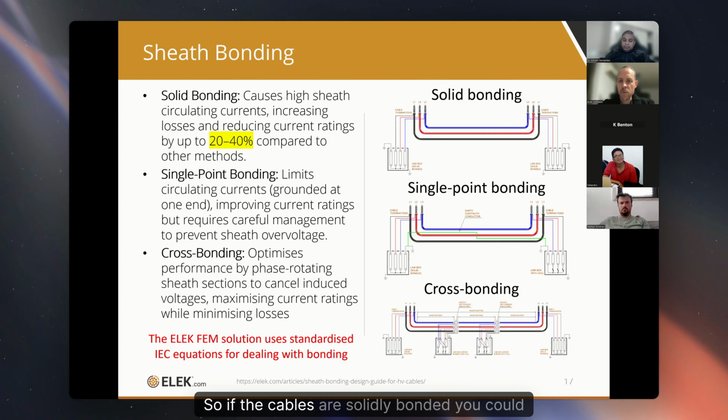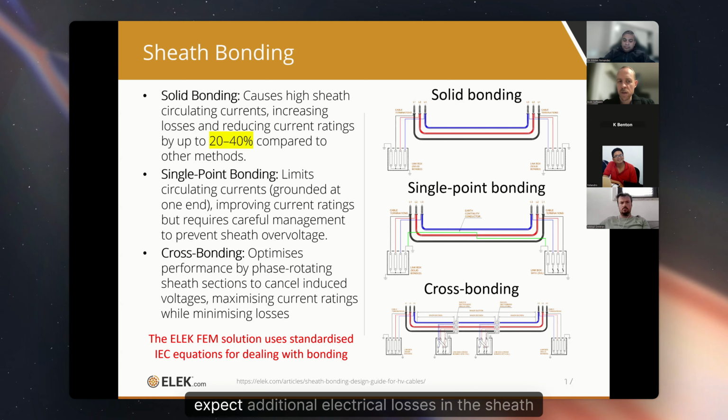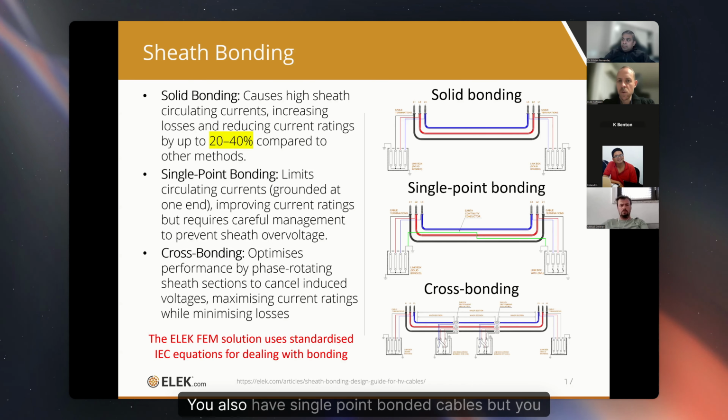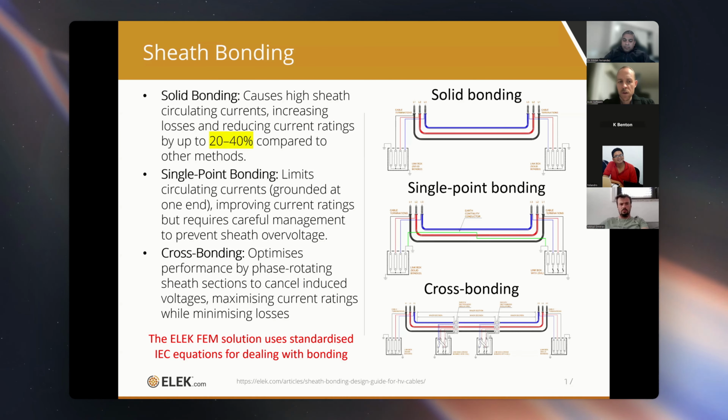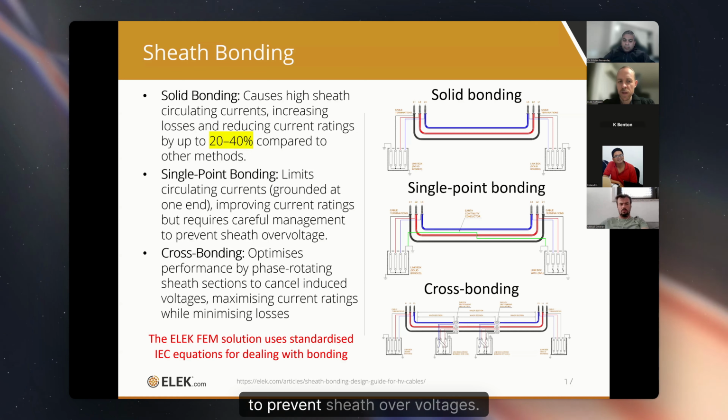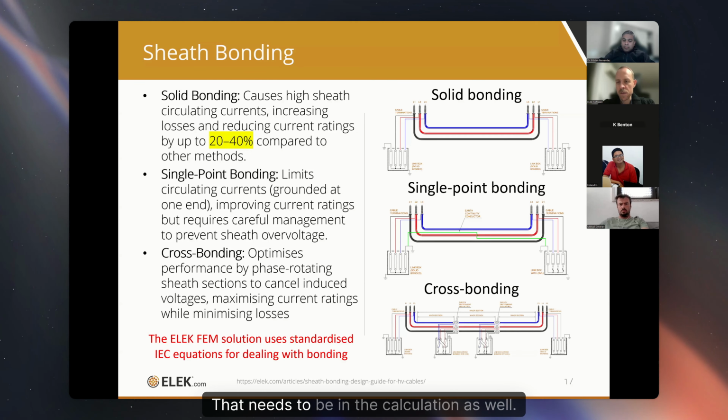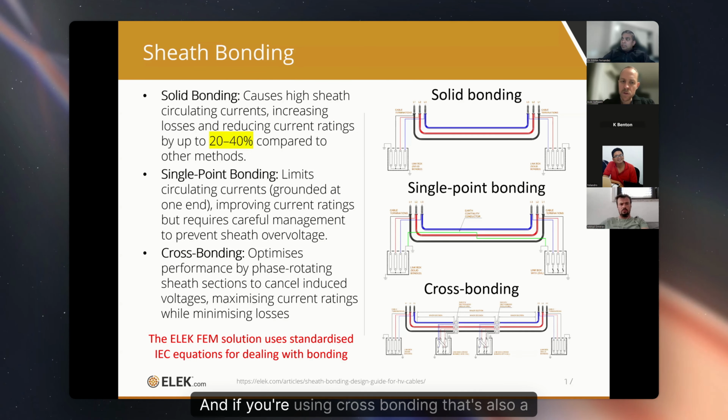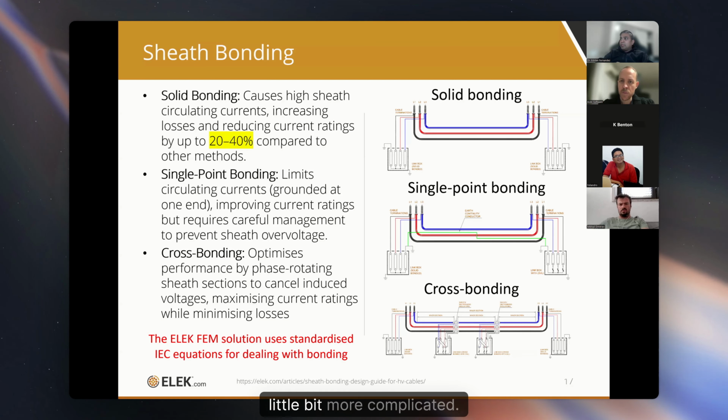So if the cables are solidly bonded, you could expect electrical losses in the sheath of between 20 to 40%. You also have single point bonded cables, but you need to take care or carefully manage to prevent sheath overvoltages. That needs to be in the calculation as well. And if you're using cross bonding, that's also a little bit more complicated.